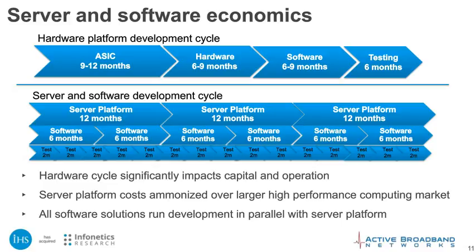And so they're operating down the path, and they generally bring out new parts every 6 to 12 months, and that cycle continues, and the people who build servers follow it down the path as well, and of course, they amortize their business over a much larger group. Companies like Active Broadband go and write software to provide this functionality, and because we're on this continuous upgrade path, we're in about a 6-month software cycle. And so we're able to add new features in line with new performance.